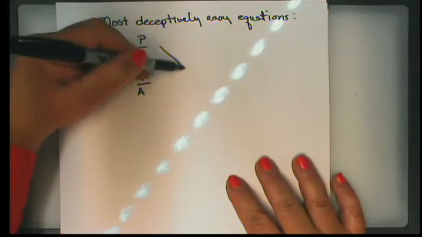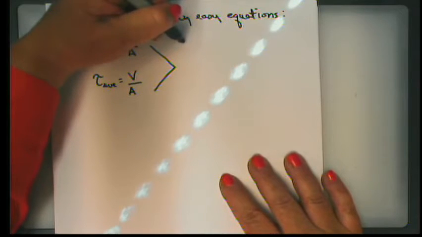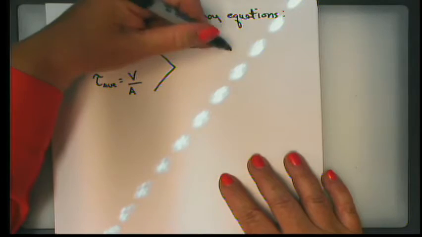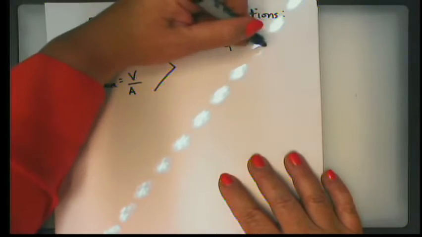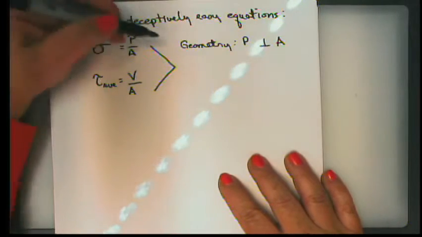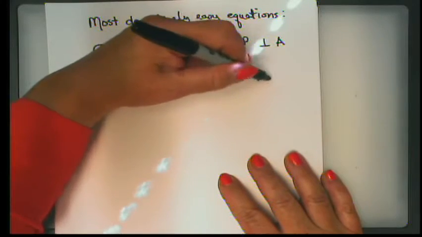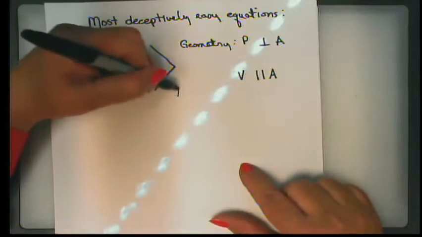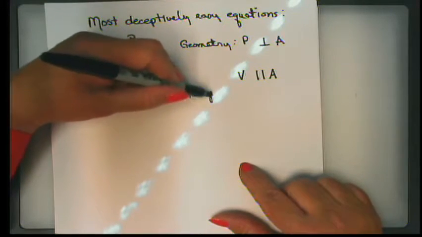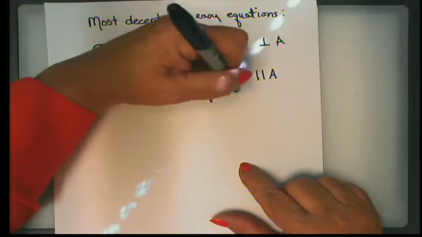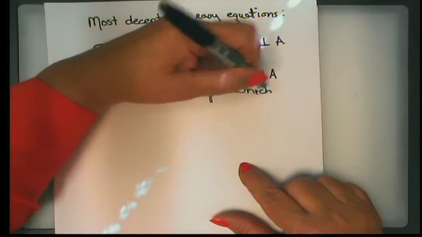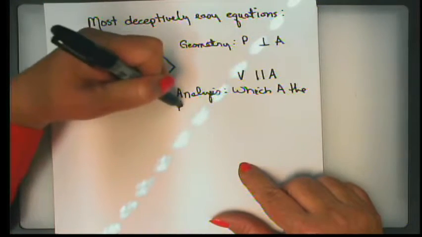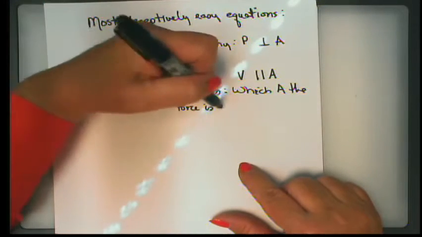The reason that they are deceptively easy is you have to look at the geometry, and the deal is that P has to be perpendicular to A, and that V has to be parallel to A. So you have to do this geometry, and then in terms of analysis, you have to decide which area the force, whether it's a P or a V, is acting upon.